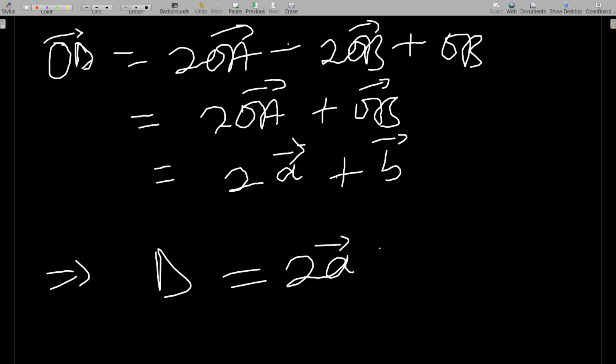I'm sorry, this side is supposed to be minus, because you have minus 2 of that, and that will give you a negative 1. So minus 2OB plus OB will give you a negative OB. So minus B, and that is our solution, right? I hope you understood everything. This is very, very simple for you to understand. I hope you'll be able to go through it yourself and also solve similar questions.